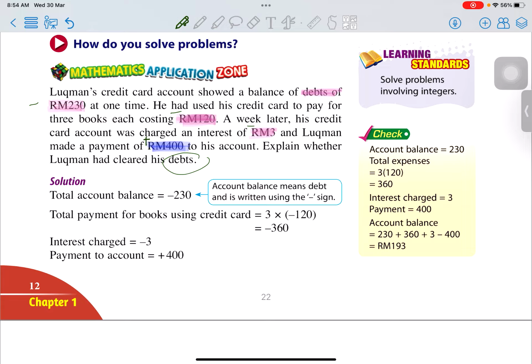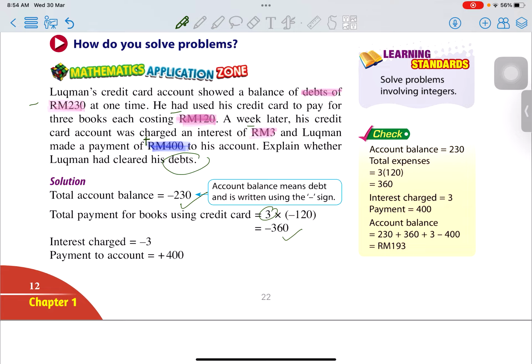Firstly, the total account balance, that means the last month's account balance, is RM 230, so that means this is a negative sign. And then the total payment for books using credit card: he bought 3 books, so 3 times negative 120. That means the answer is negative 360. Why negative?